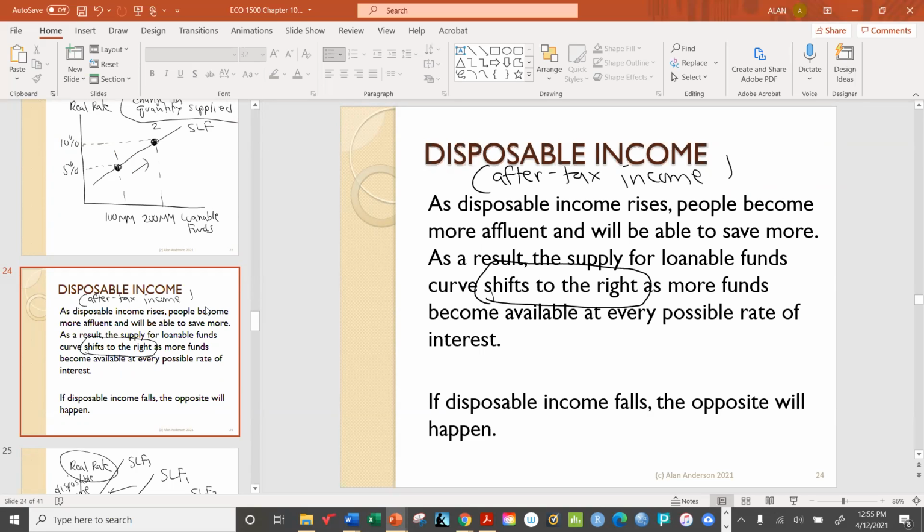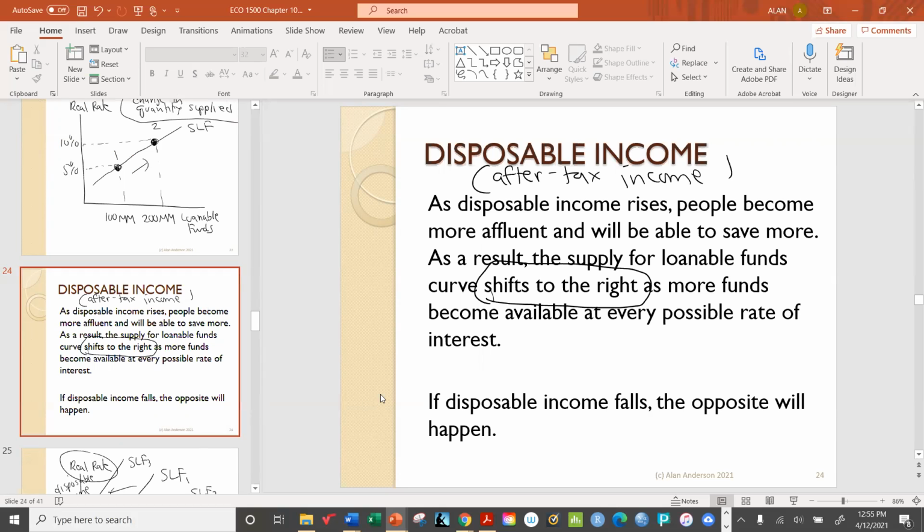In other words, we saw that in the United States, 16% is our savings rate. So if, let's say, you got a raise of $10,000 a year, then if you're an average American, you'll be saving 16% of that, which means that the loanable funds will go up by $1,600. So this will happen presumably to everybody in the economy, and so the entire supply curve will shift to the right.